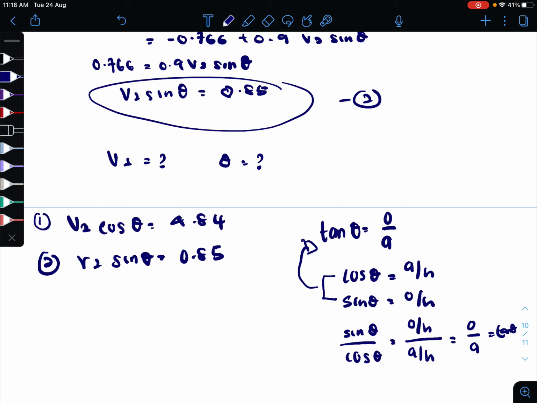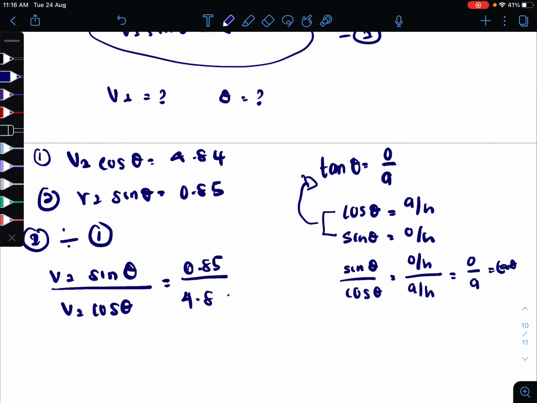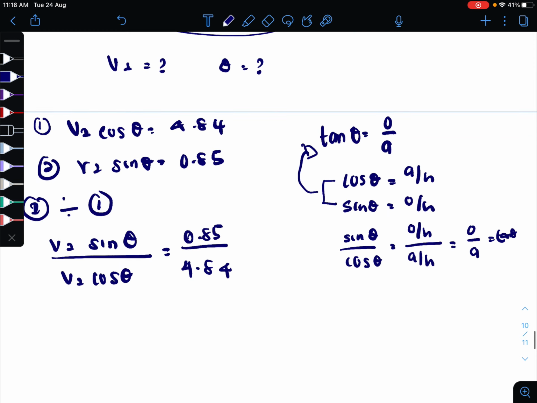Ini adalah identity sebenarnya. So what I'm going to do is take my equation 2 and divide by my equation 1. So V2 sin theta divide with V2 cos theta. So tangent theta equals to 0.85 tadi bahagi dengan 4.84. Kiri kanan dua-dua kena bahagi.